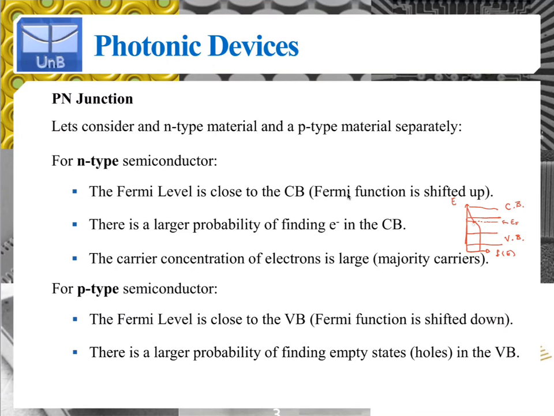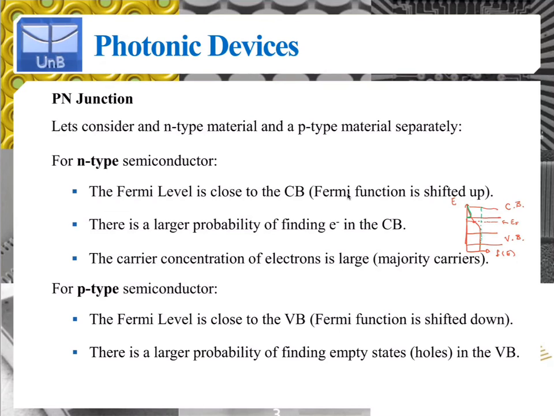And this means that there's a large probability of finding electrons in the conduction band, and the carrier concentration of electrons in the conduction band, which are the majority carriers, is large. So we saw that if we took into account the density of states, the carrier concentration looks something like this, right? And it would be small in the valence band because the probability of occupation is small.